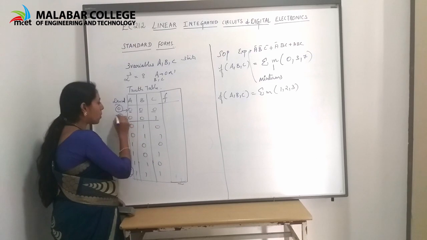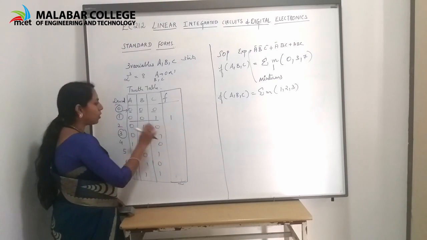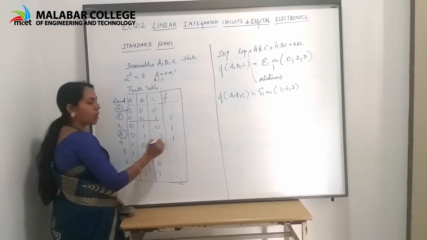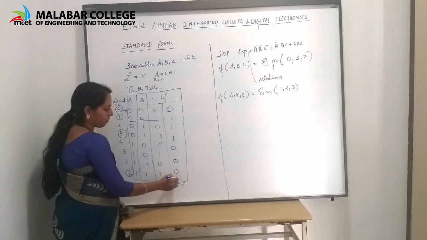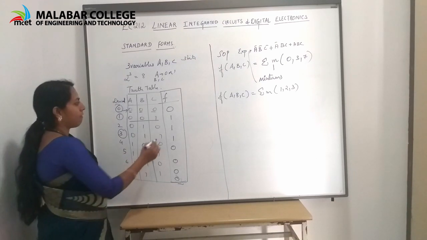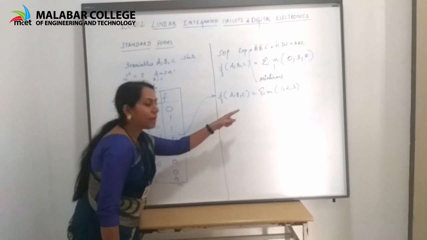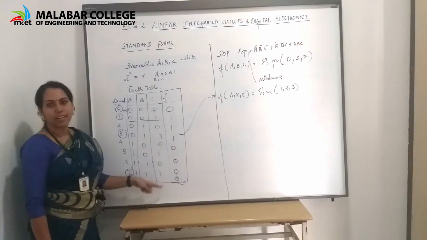For decimal number 1, the output has to be 1. For decimal number 2, the output will be 1. And for decimal number 3, the output will be 1. The remaining will be 0. So this is the corresponding truth table for this particular function. If it is given as minterm, small m, that means the result has to be 1 there.